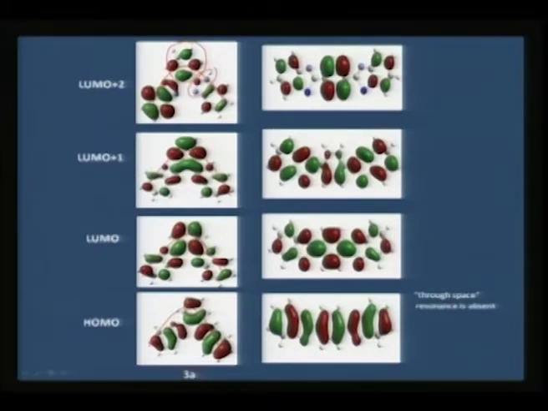And the same is the case for the 4A molecule also. You can see that the charge resonance is across the ring here, and there is no through space resonance. Therefore, through space resonance is absent in the case of the 3A and 4A molecules.